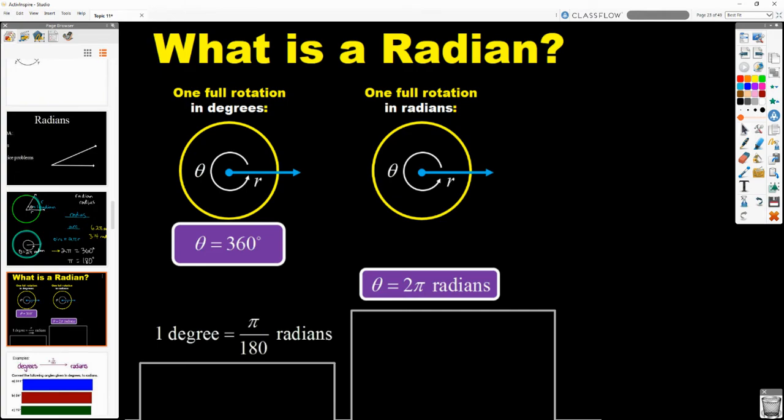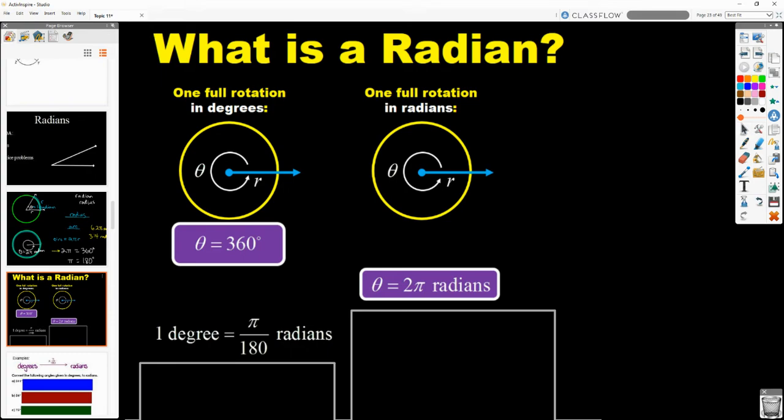Okay, and if you take a calculator, you can see that pi divided by 180 is a very, very small number. Pi divided by 180 is 0.0175 approximately. Okay, so 1 degree equals 0.0175 radians.